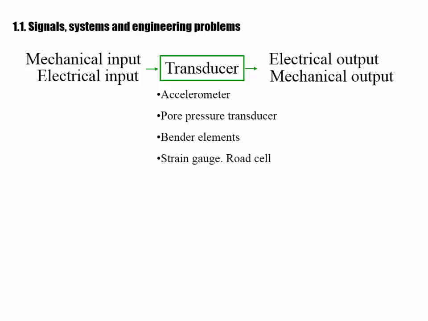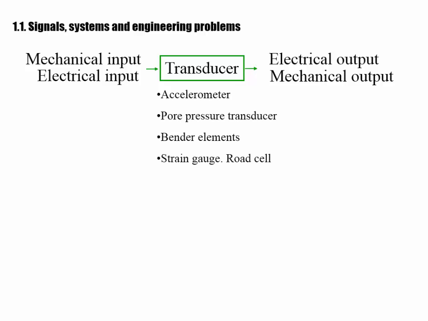Have you used an accelerometer? Anyone? 동아, you used an accelerometer, right? So how does it work? What does it convert to? Mechanical energy to voltage, the electrical signal, right?